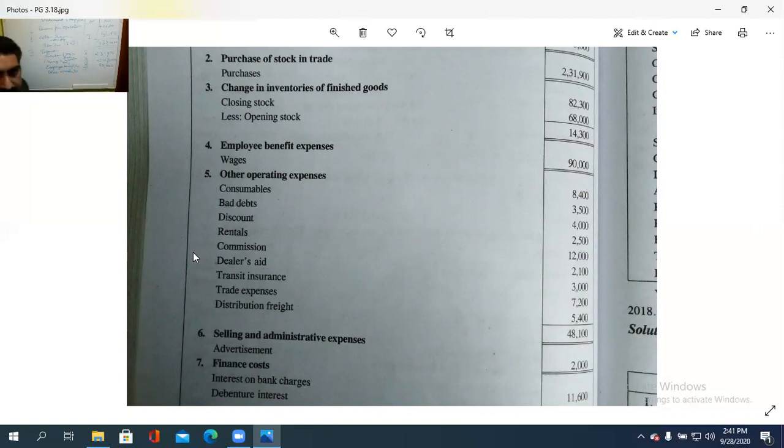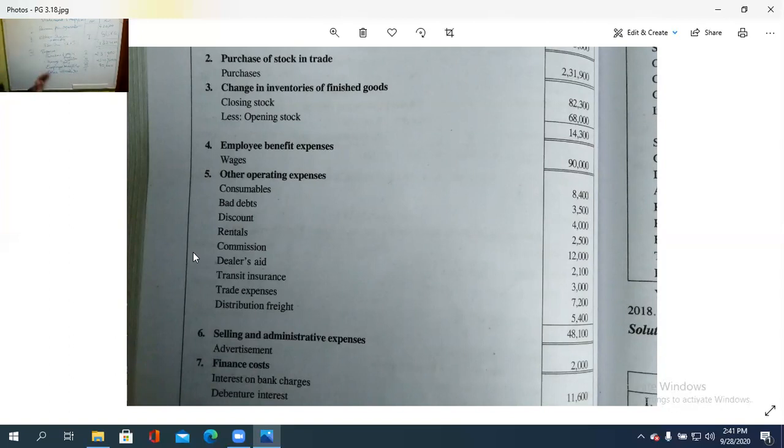Other operating expenses, like the consumables, all the debit expense items are to be added up here. Consumables 8,400, bad debts is there, discount is there, rentals is there, commission is there, then dealer's aid is there, transit insurance is there, trade expenses is there, and distribution freight is there.